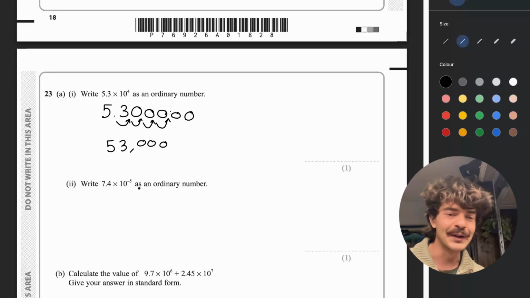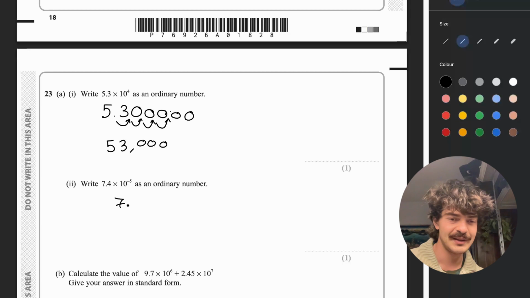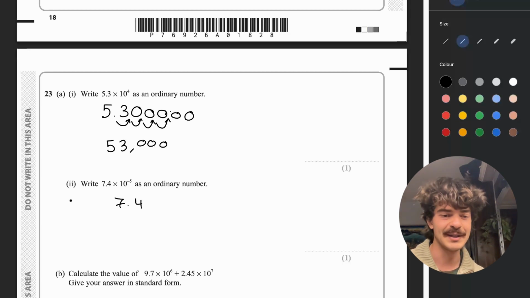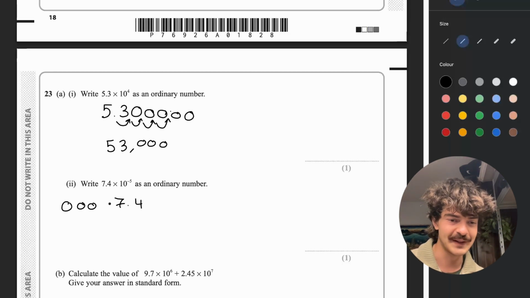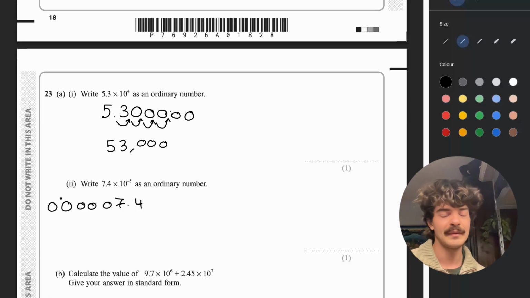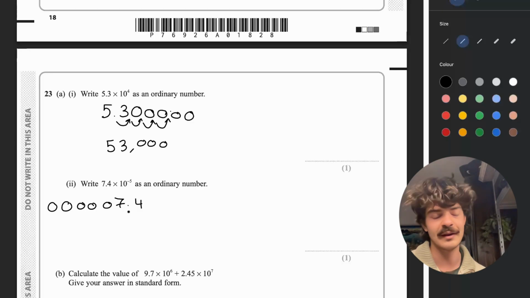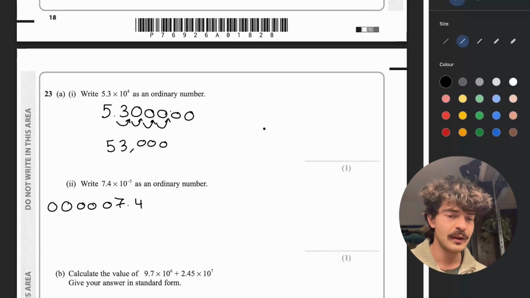Nice. And a very similar idea applies to negative powers. So if we've got 7.4, this time let's give ourselves some zeros to the left-hand side to play around with. We're going to be doing a very similar thing. We're just going to move 5 to the left here.